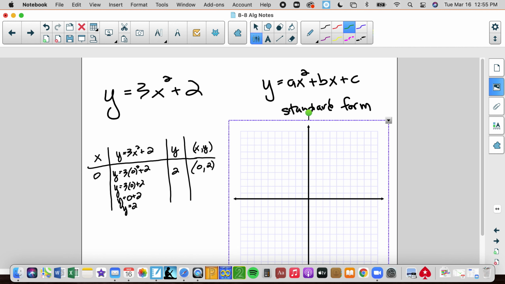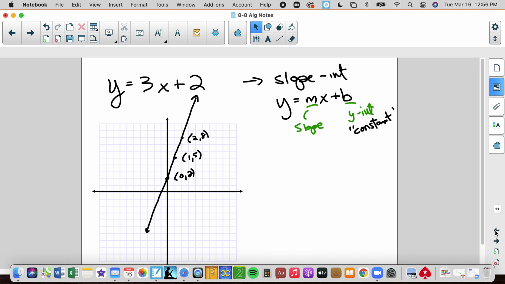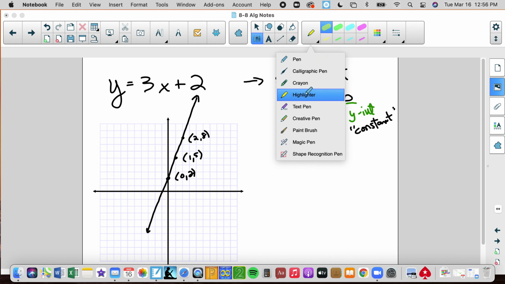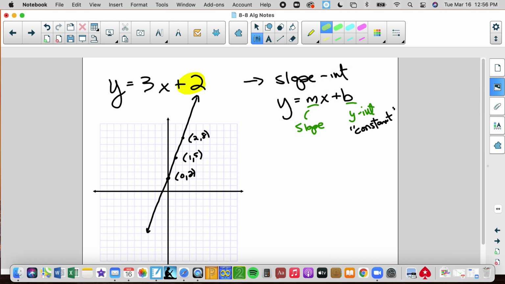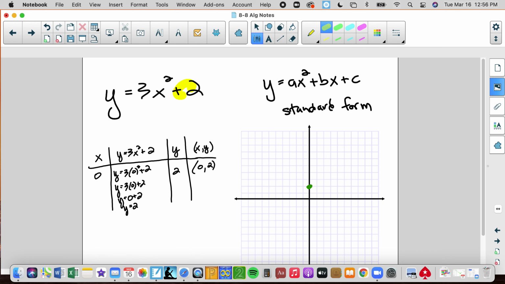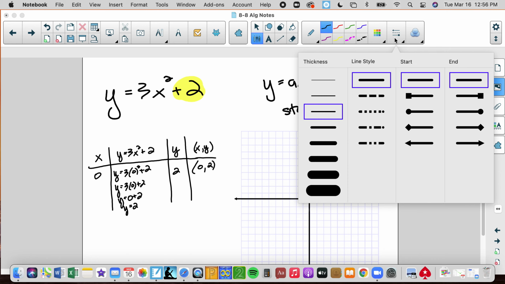If we plot that point (0, 2), that's the same initial point that we used in the linear equation. Why? Remember, this represents the y-intercept, and I said the constant is the y-intercept. So they're going to have the same y-intercept.